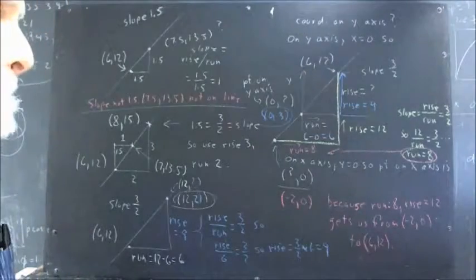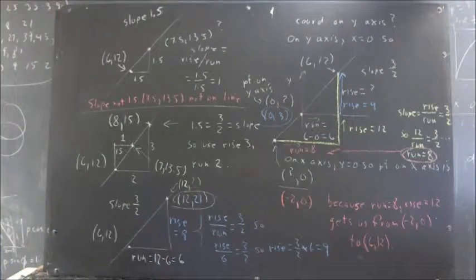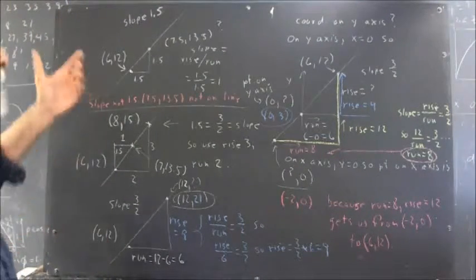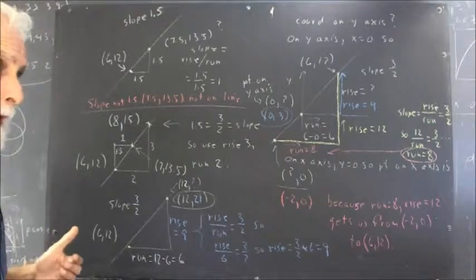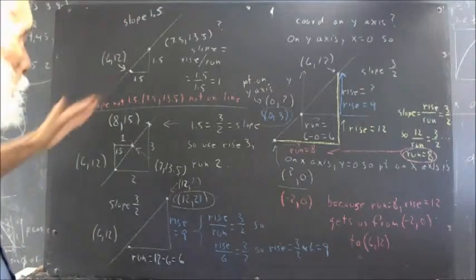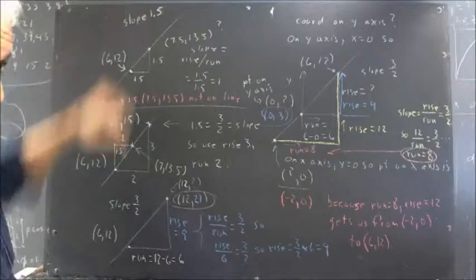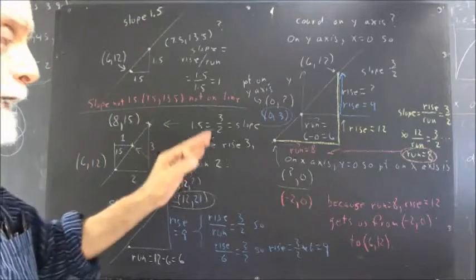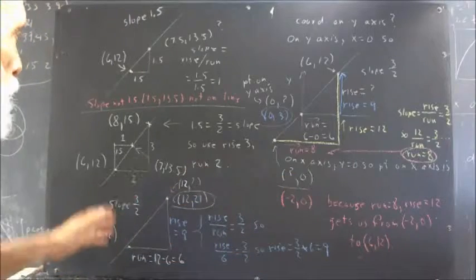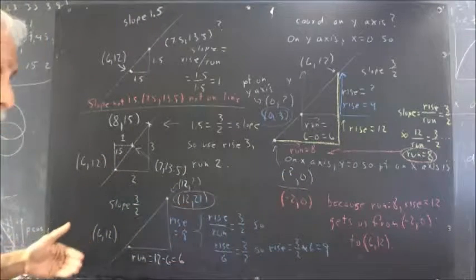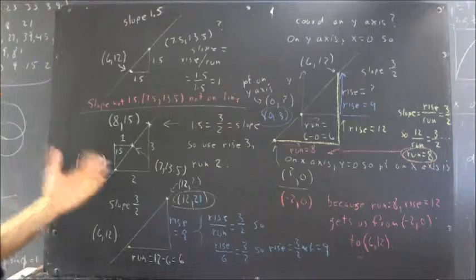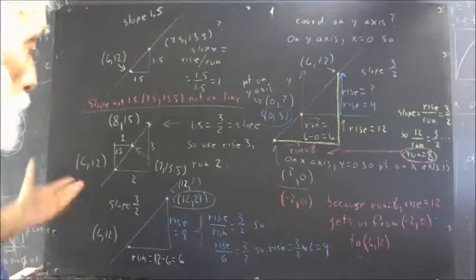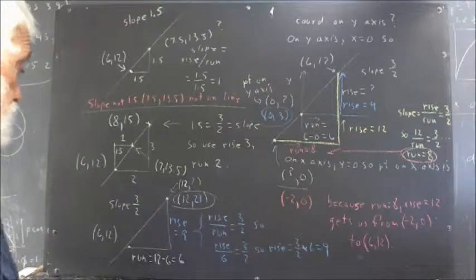Now, we could have come back to our original conditions and found the equation of the line through (6, 12) with a slope of 1.5. And then we could have plugged different x values into that equation and found all these results. We could have plugged 3 x values into the equation to get 3 points on the graph.